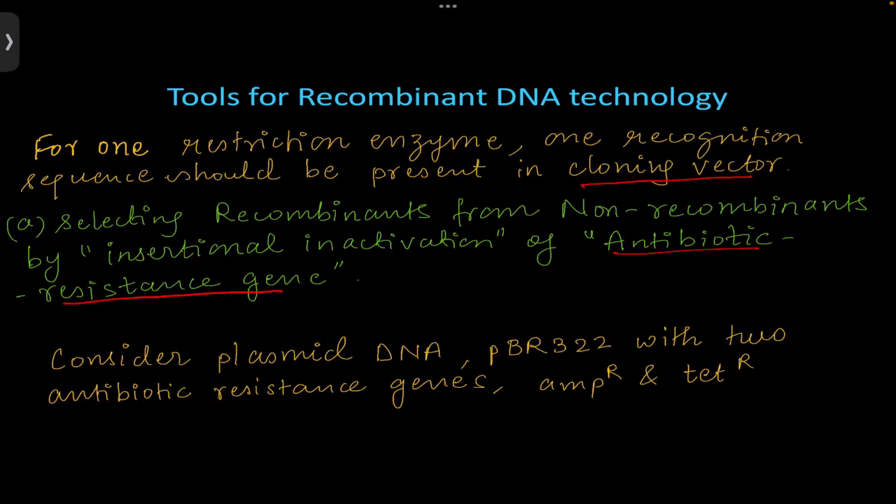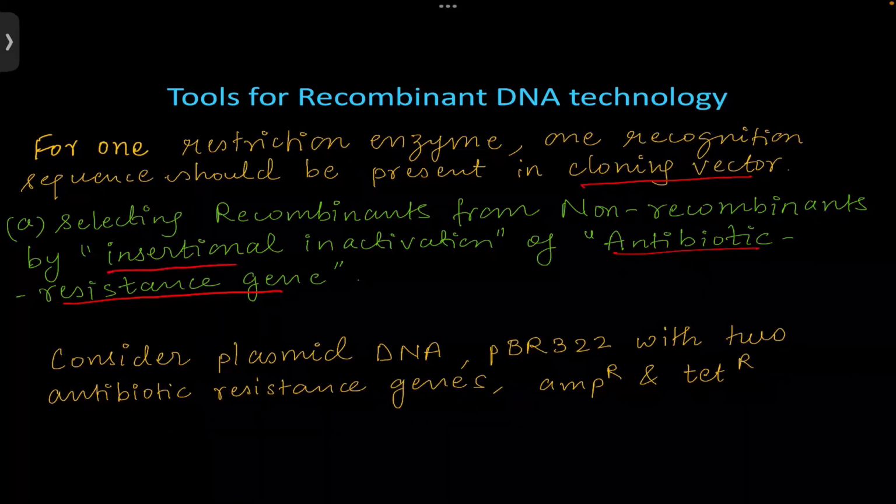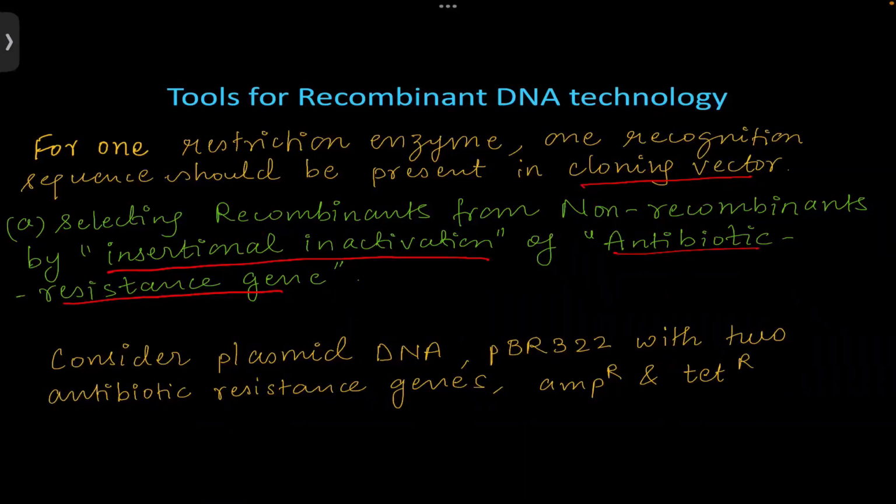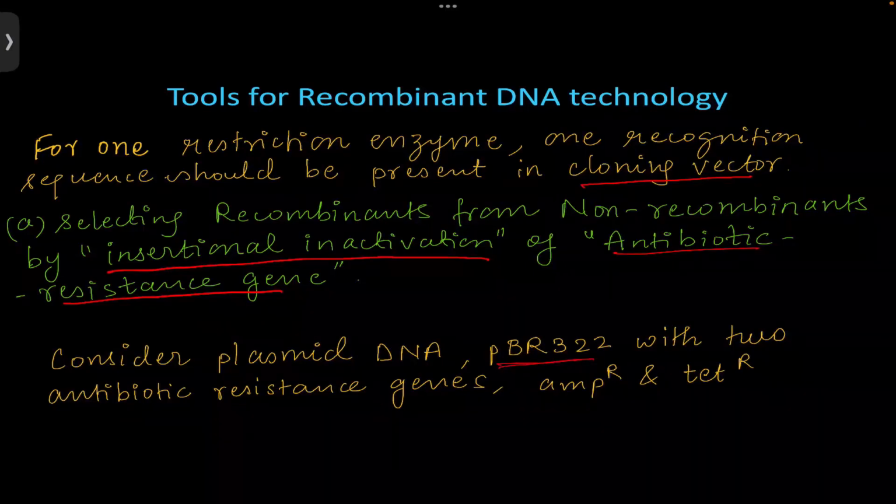Now, as I was saying, we will discuss how the selectable marker antibiotic resistance gene is going to help you select recombinants from non-recombinants by a method called insertional inactivation. So let's consider the example of the plasmid DNA that we just saw, pBR322.